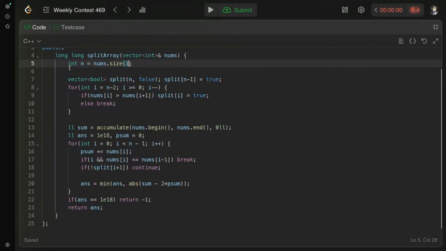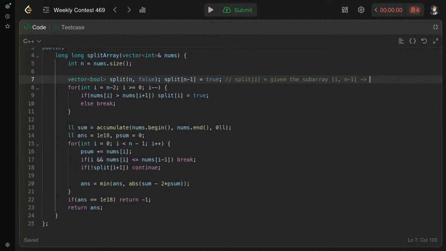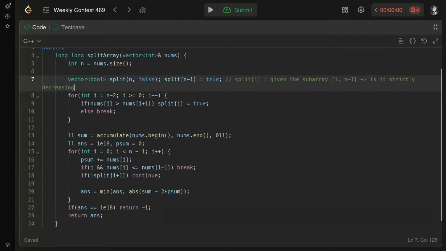So n is obviously the size of our vector, and then here we're checking if the current right sum is valid, right? So split of I means given the subarray from I to n minus 1, is it strictly decreasing? Okay.